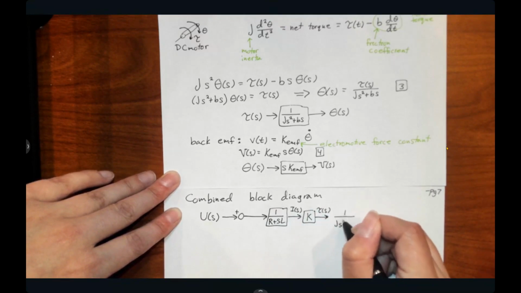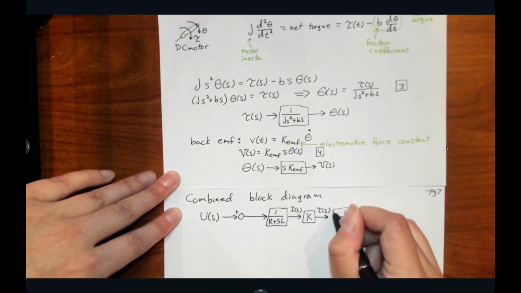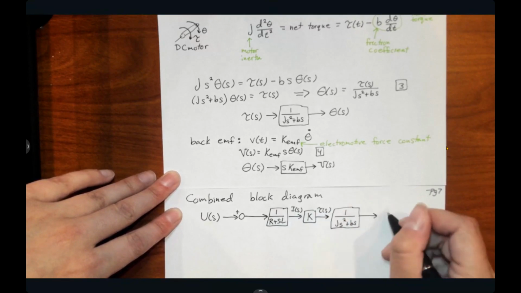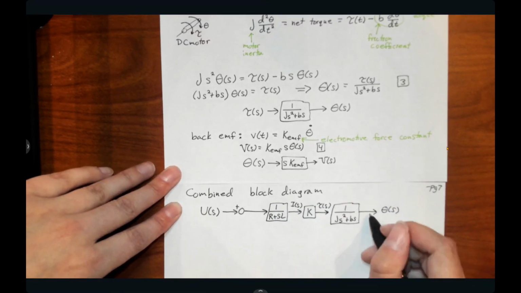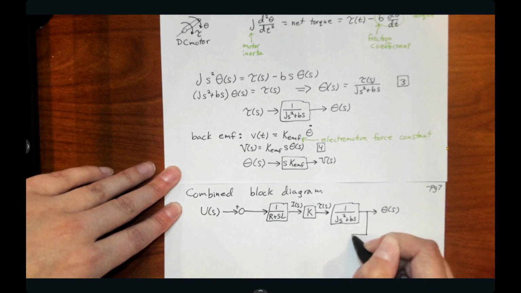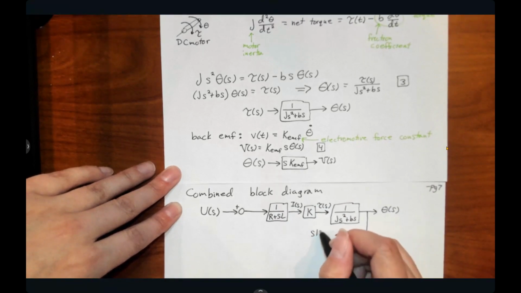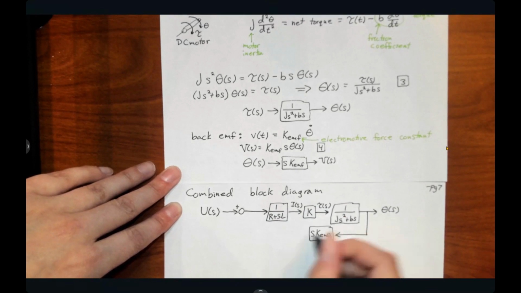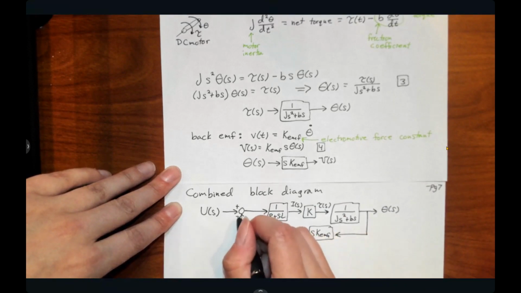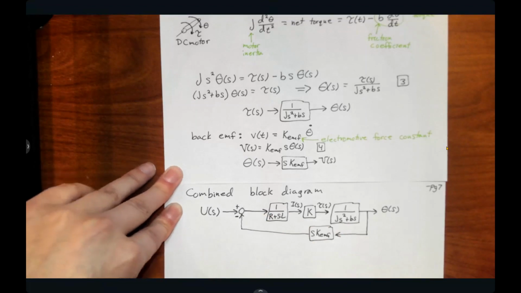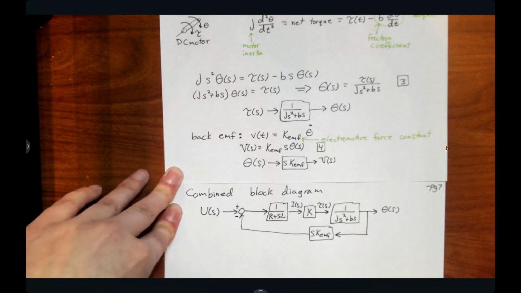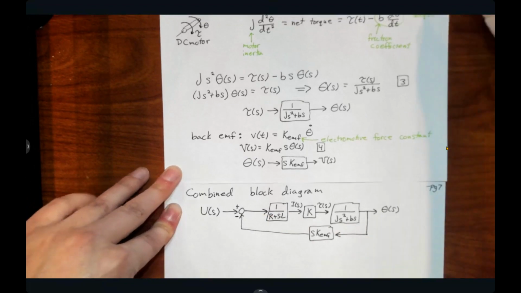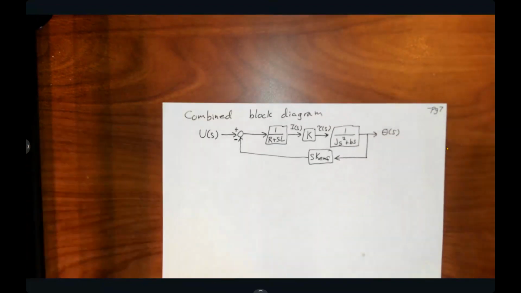And that torque is going to result in a position of our motor. But that position is also going to have some influence based on the velocity that affects the voltage going in and generating that current. All right, so just kind of piecing together all those individual block diagrams that we were working.